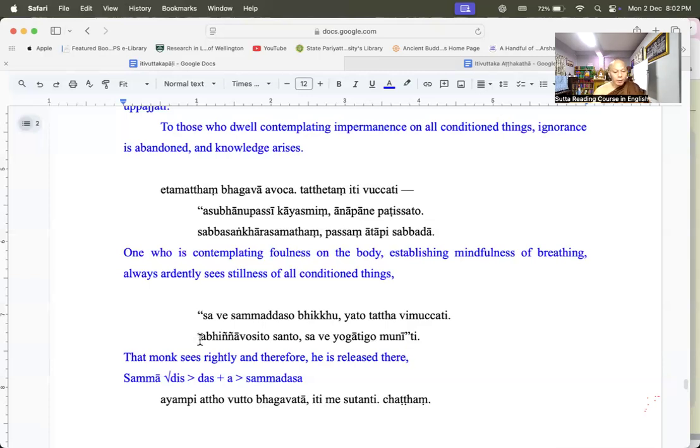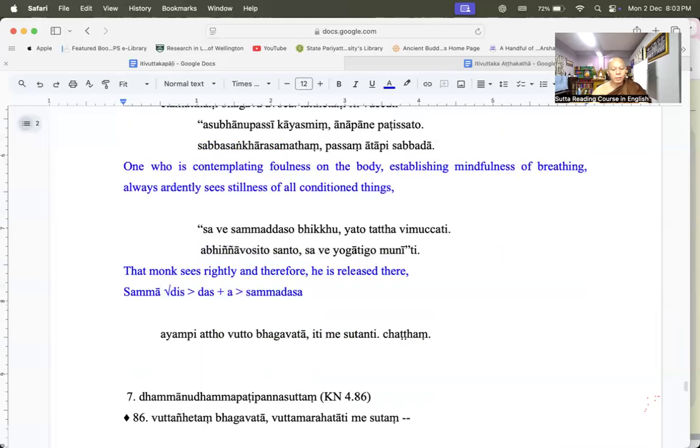And then: abhinna vosito santo, so sabba yoga atiko muni. Here, the word abhinna vosito we should understand: abhinna and vosita.